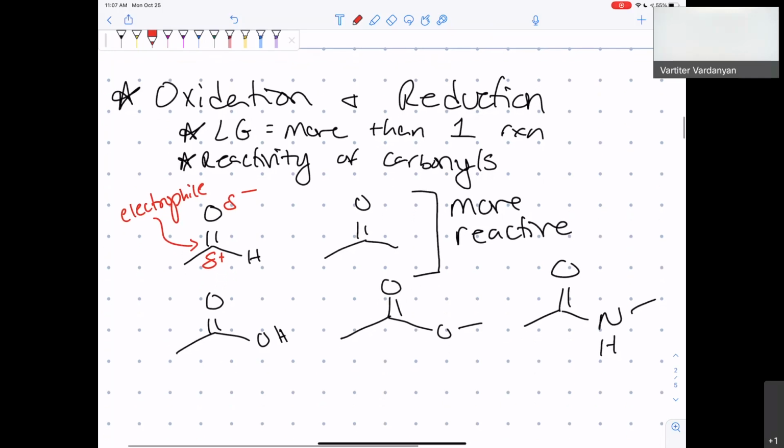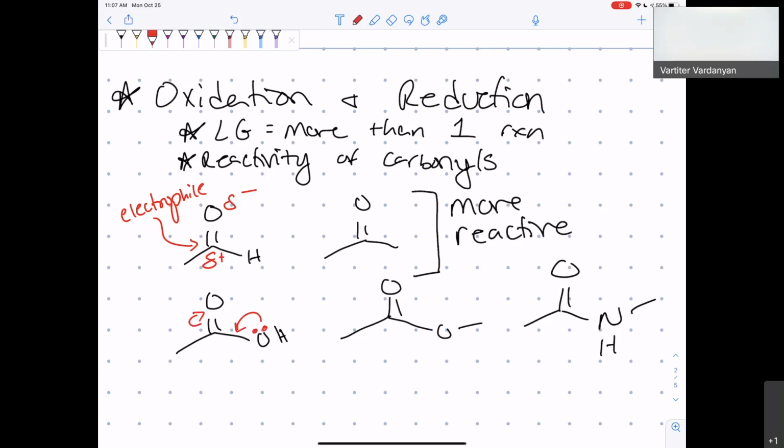That being said, we can talk about those donating groups now. Between the CH3s versus this OH or OCH3, which one is going to be more donating? The R group or the heteroatom? The heteroatom, because it donates via what?